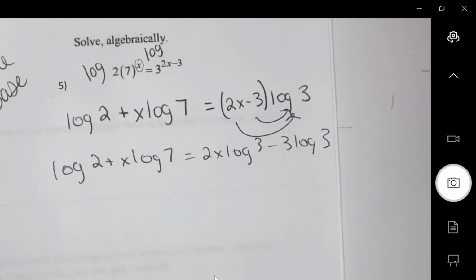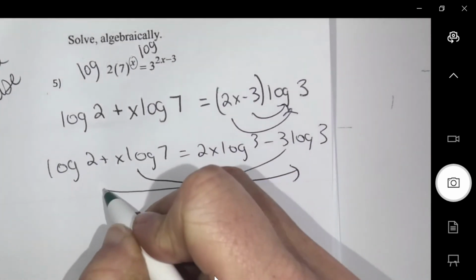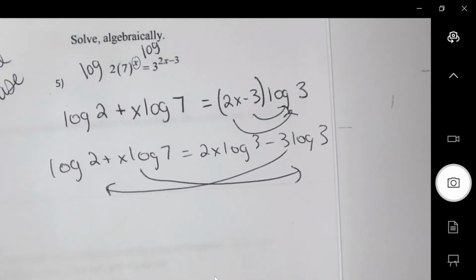Okay, what do we do now? X stuff one way, non-X stuff one way, so I'm going to do this. I'm going to move that direction, and you could have done the opposite direction of me, that would have been fine.